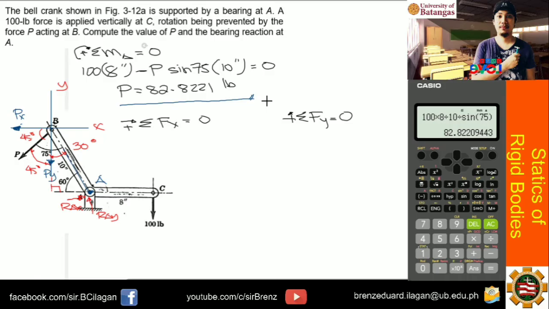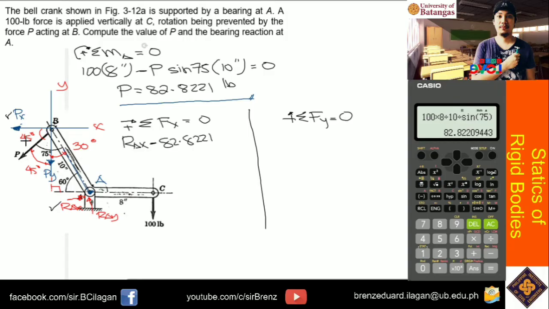So let's start first with RAX. So when we say take summation of forces X, lahat ng papunta sa right is positive. So ano ba yung mga forces natin na horizontal? Okay, correct. So si RAX and si Px lang. Meron pa bang natitirang iba? Wala na. So RAX, positive, and then minus Px, kung saan yung P is sa value of 82.8221.